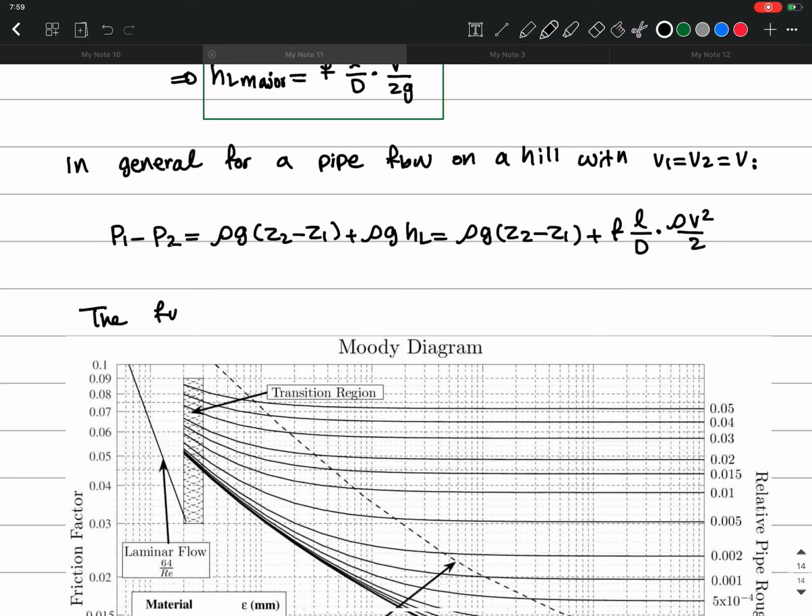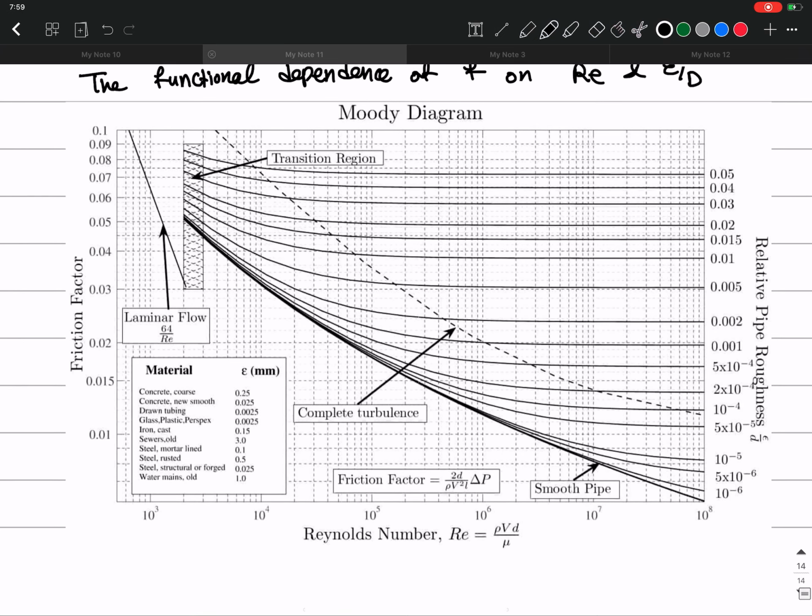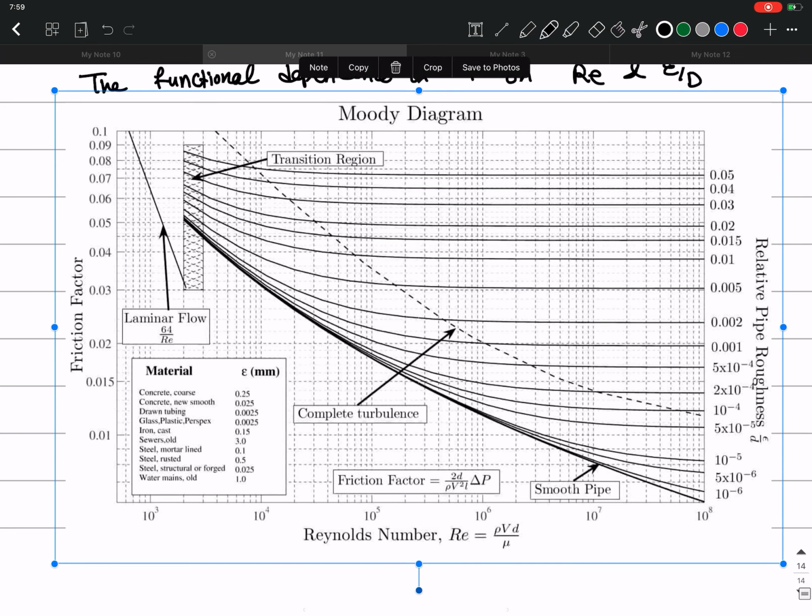The functional dependence of the friction factor f on Reynolds number and epsilon over D. So he investigated this through experiments, and then he created this chart, which is known as a Moody diagram.